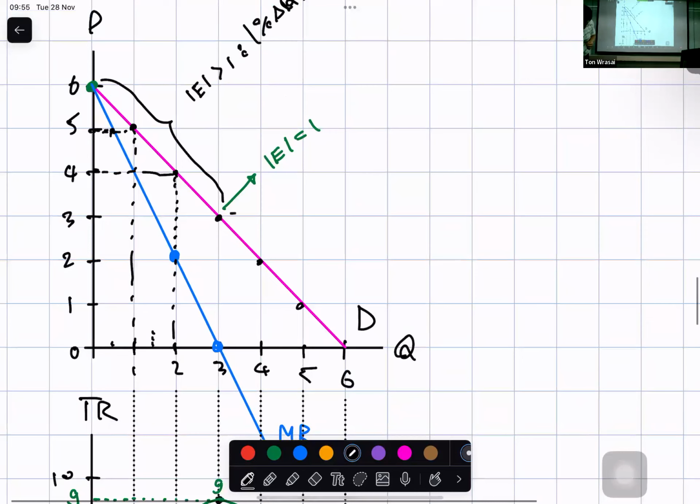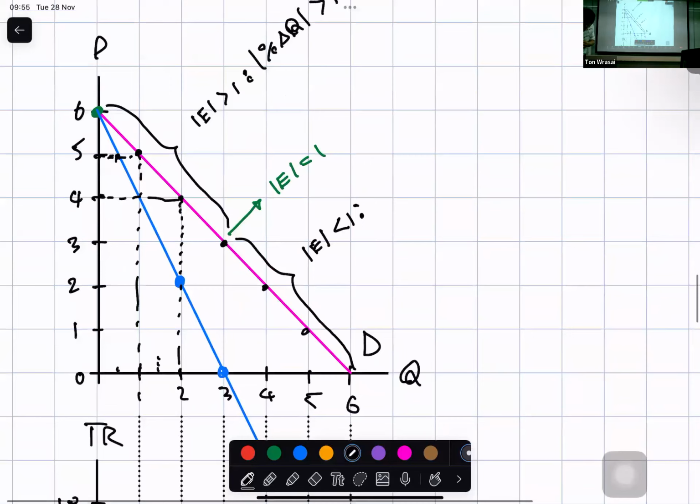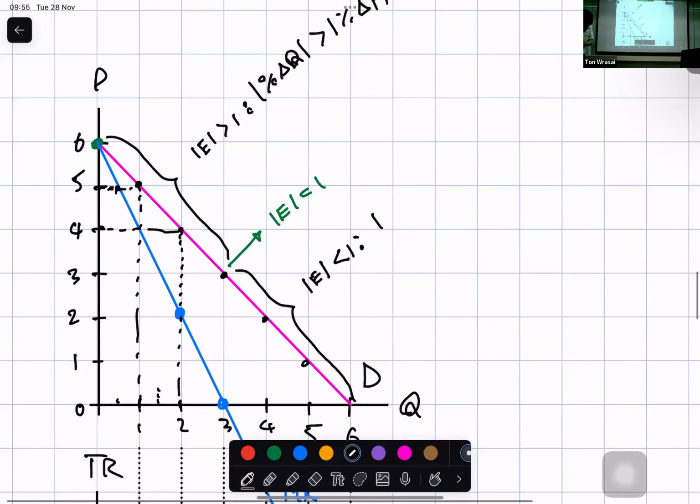For the price range from 3 to 0 baht, the elasticity chapter said price elasticity of demand will be low, less than 1. That means when something happens to price, of course Q changes, but by a smaller percentage.